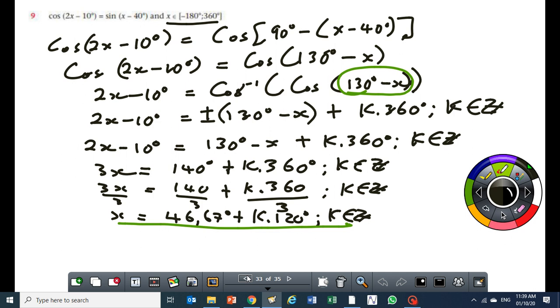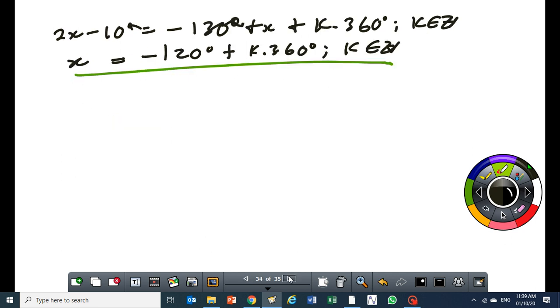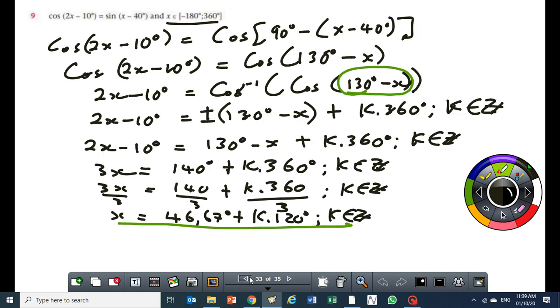So if I multiply this 130 by a negative, it becomes minus 130. The minus x becomes plus x. That's why I wrote it like that. It comes from removing brackets here. Please go back. Minus open bracket 130 minus x is equivalent to minus 130 plus x. Okay.